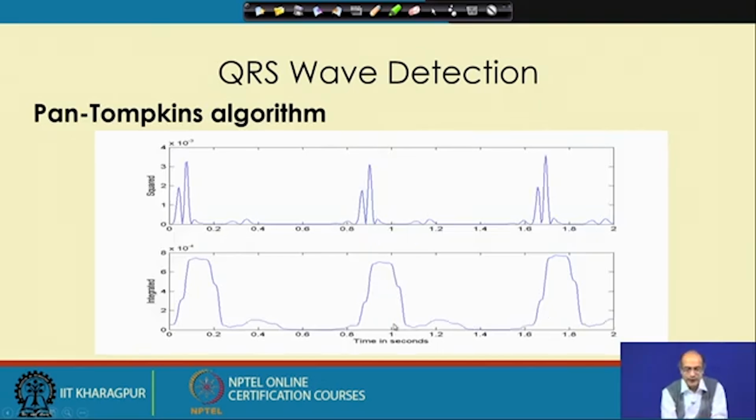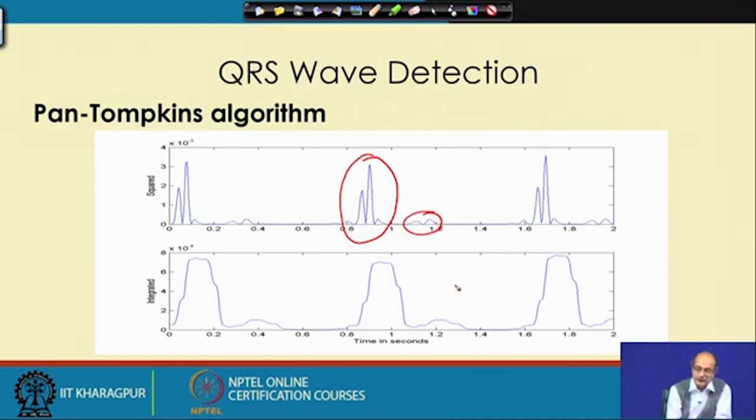Once it is squared, the R wave gives multiple peaks that are much higher than the peaks created by the T wave. And you see that the P wave is hardly visible, almost nothing is there.